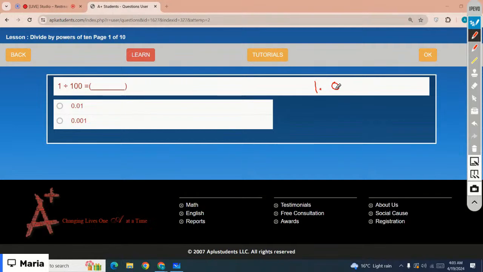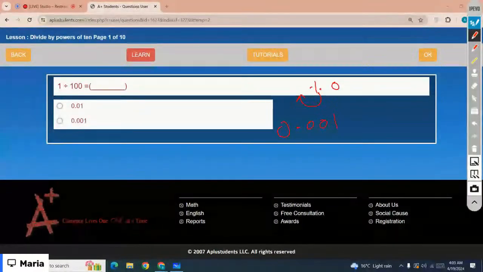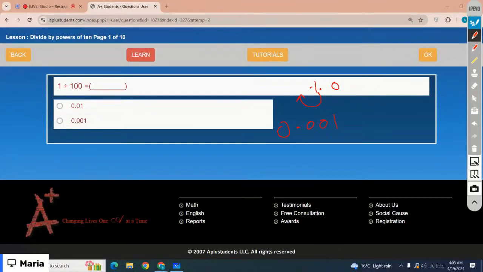You need to move two decimal places. Because you have two zeros over here, you have to move the decimal point two places left. So it would be 0.001. Option 2 is the correct option.